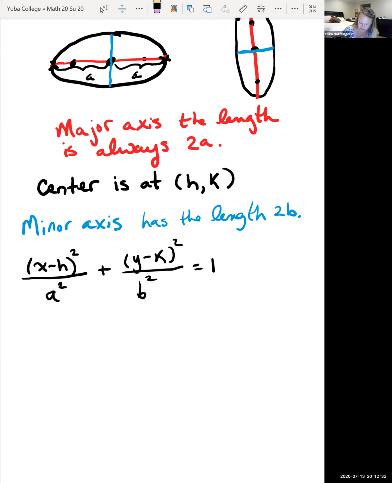So vertices of the ellipse on the major axis.